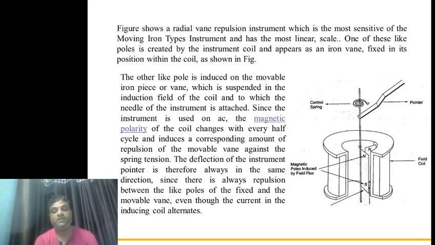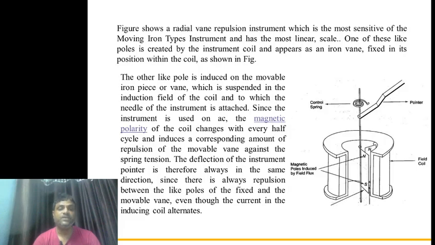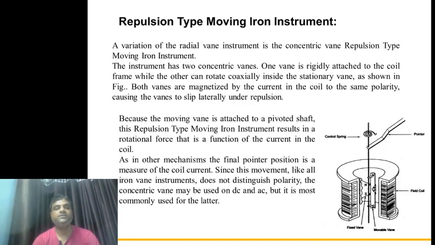Due to this same polarity, they deflect away from each other, so that is called a deflection type of instrument. That is why we also call it a repulsion type. So that is all about the moving iron type instruments.